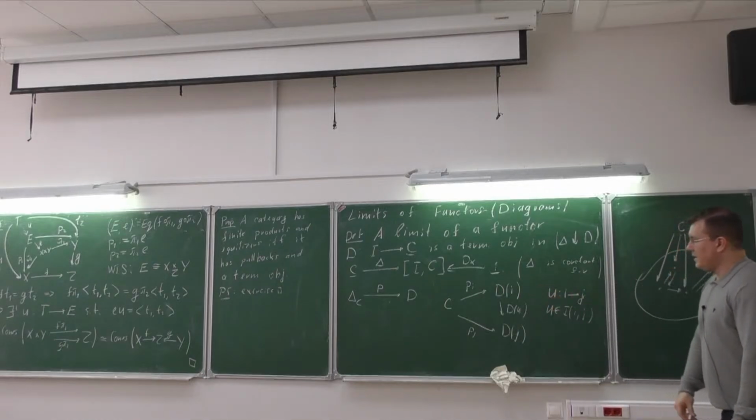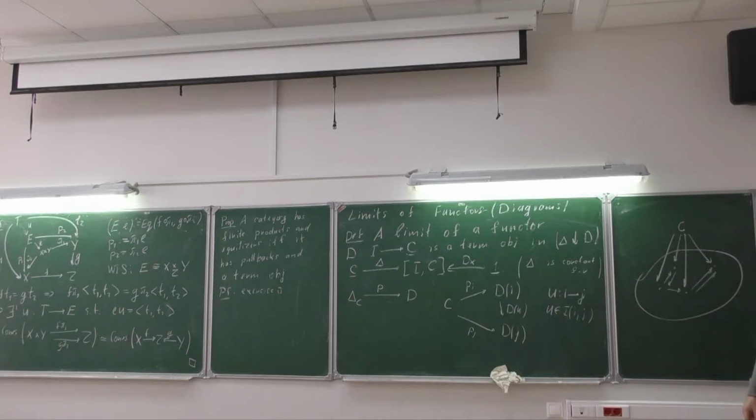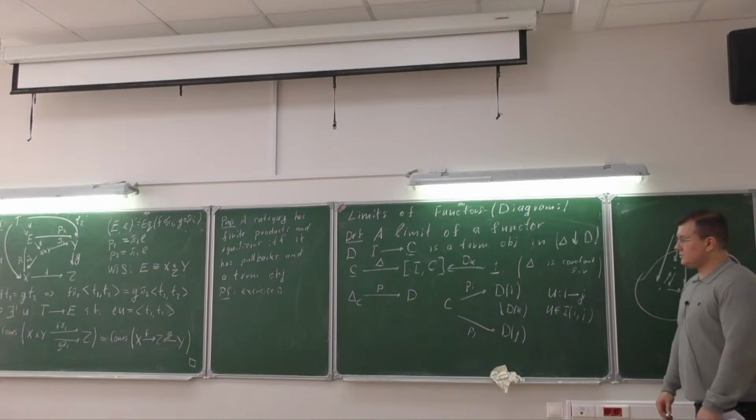May I ask, C is an object in I or where? C is an object in the category C. But I can understand how we obtain a functor, because the triangle with subscript C should be a functor from I to C. Yeah, right?